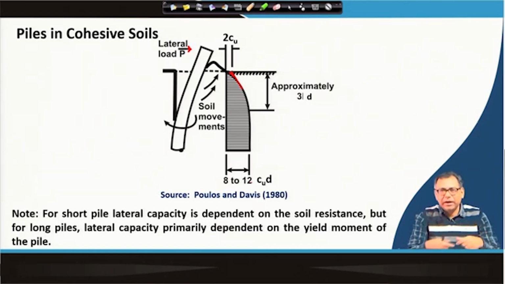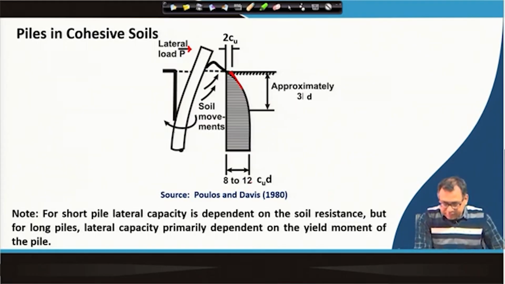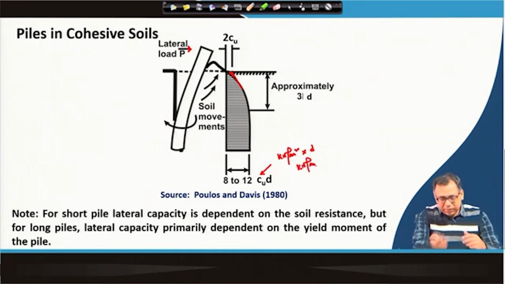If I multiply it with the D, then that will give you kilonewton per meter, because actually this cu is kilonewton per meter square. So now if I multiply with D, this will come as kilonewton per meter. So, top also you can multiply it with the D.